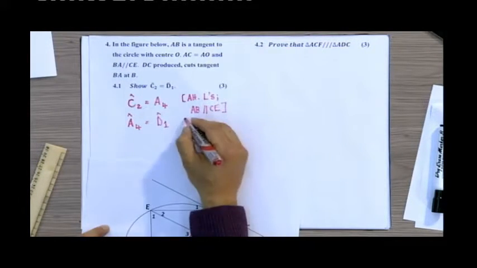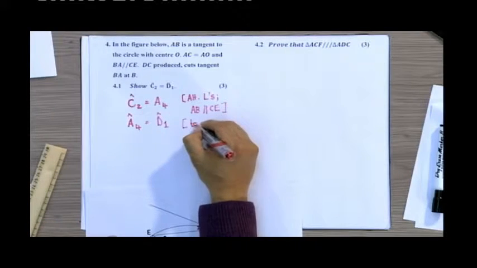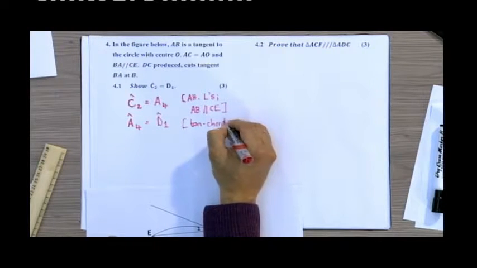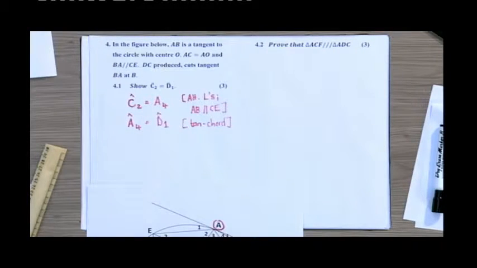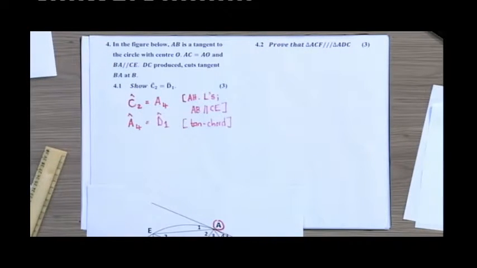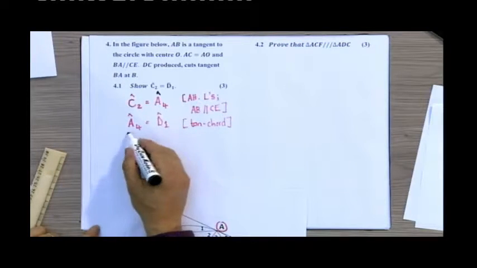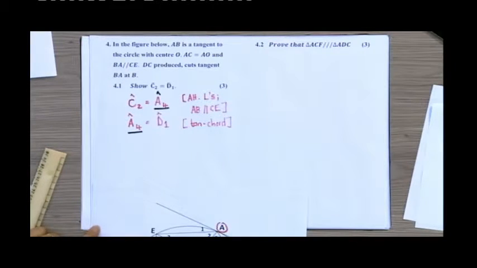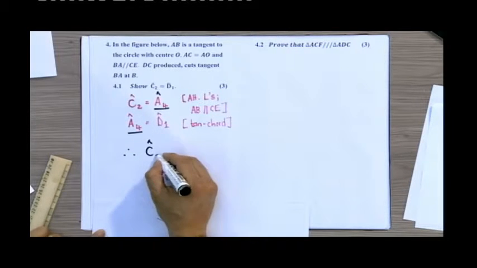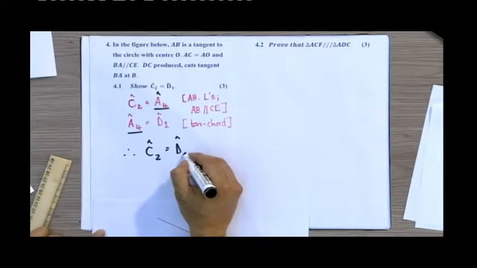Right? That is angle between the tan and the chord. And so you can write tan chord theorem. And just look at that. If we say C2 is equal to A4 and A4 is equal to D1, you see those two are equal. So what can we derive from that? So therefore angle C2 is equal to angle D1.